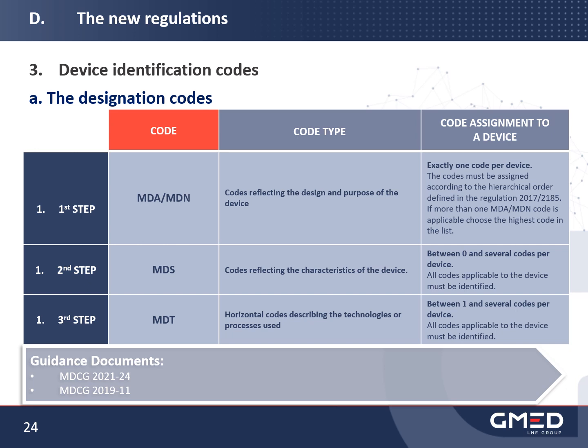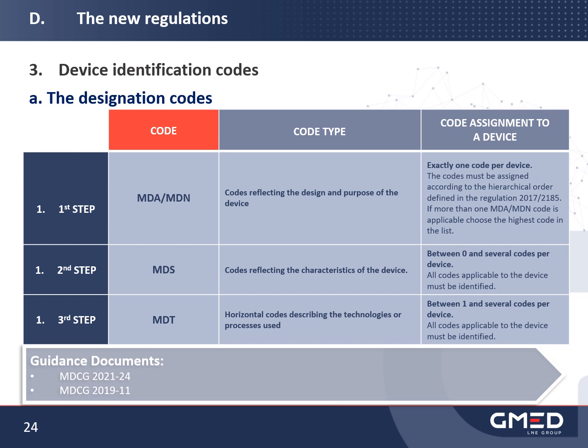Commission implementing Regulation 2017/2185 establishes designation codes for defining the fields of designation of notified bodies under Regulation EU 2017/745. There are 3 types of code. Firstly, MDA codes for active medical devices and MDN codes for non-active medical devices. These codes reflect the design and purpose of the device. Only one code should be assigned to the device, and the assignment of a code is essential and necessary. The identification of the most appropriate MDA or MDN code for the device is based on the design and purpose of the device.